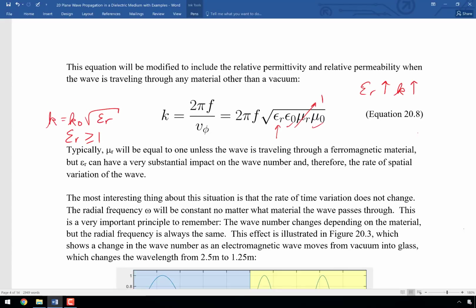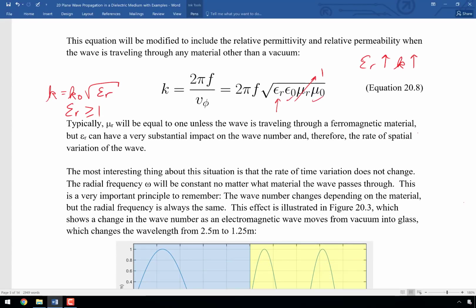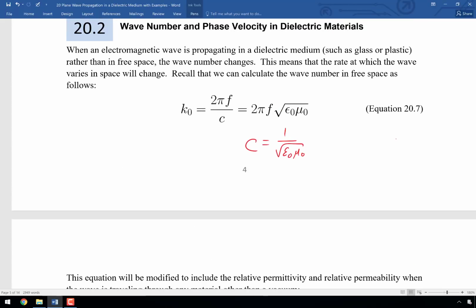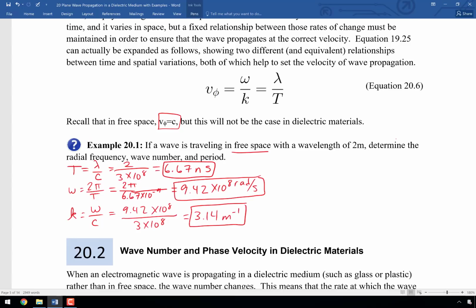Now the most interesting thing about this situation is that the rate of time variation does not change. So in other words, omega is constant. Again, if we look at it from the spatial perspective, k is increasing. If we look at it from the time perspective, it is not changing. Omega is going to be a constant. So if you remember, we have a relationship.